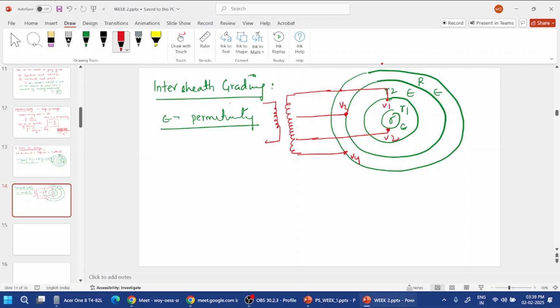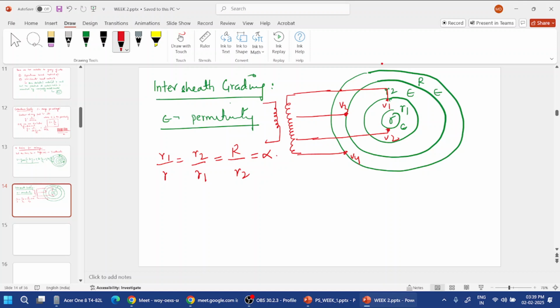in the intersheath grading. But the thing is that the thickness of the materials are such that R1 upon r is equal to R2 upon R1 is equal to R upon R2 is equal to alpha. Now what happens here is that the stress distribution is supposed to be different.